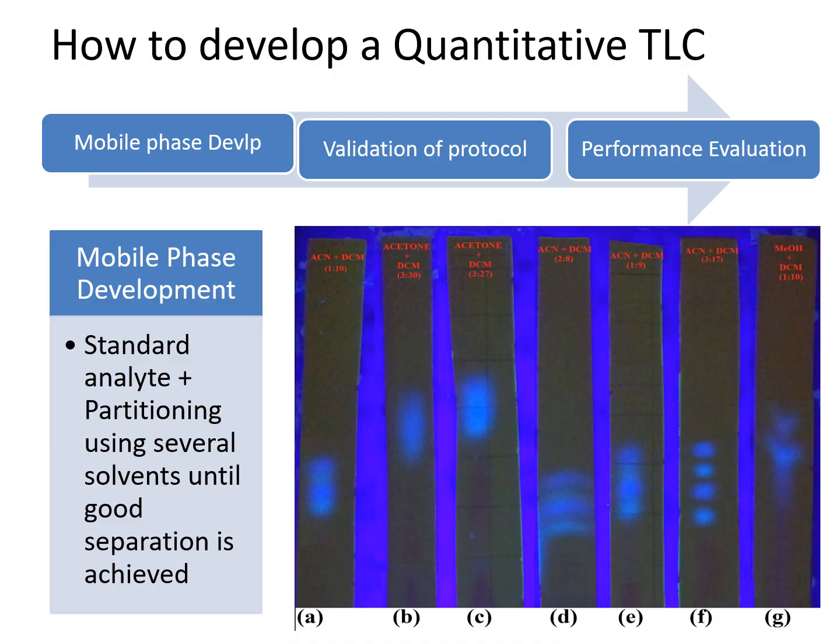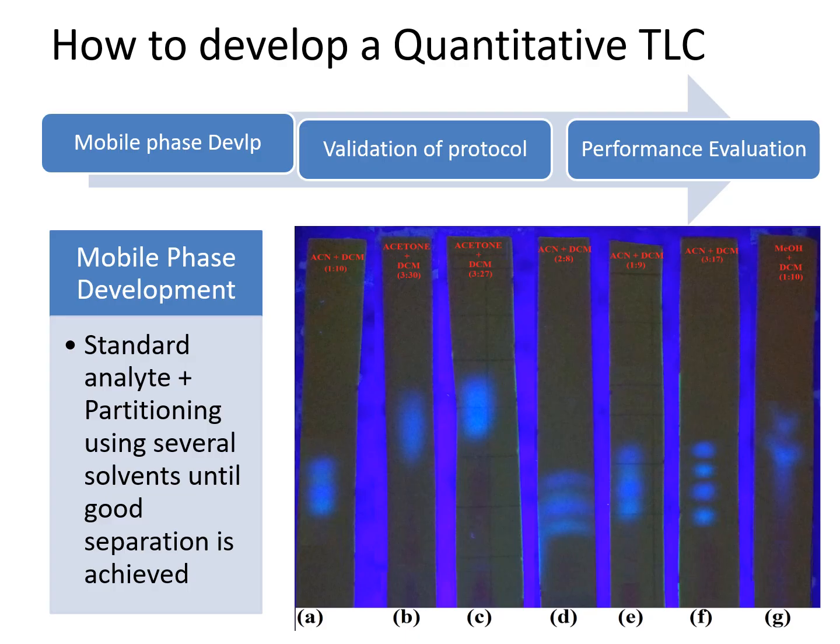For example, in this plate, lines A, B, C, D, E, F, and G represent a mobile phase development system for aflatoxins in a sample using several solvents.